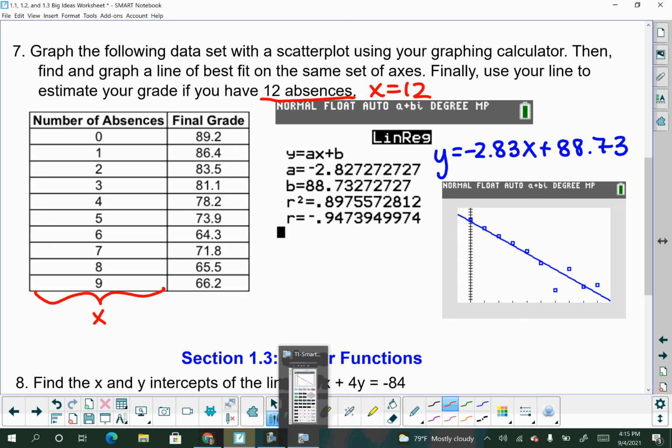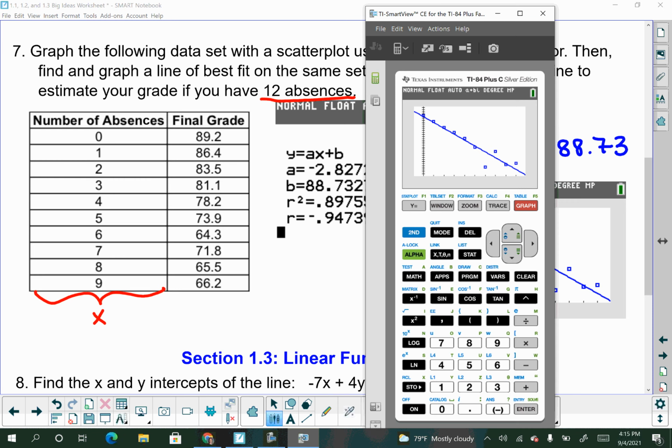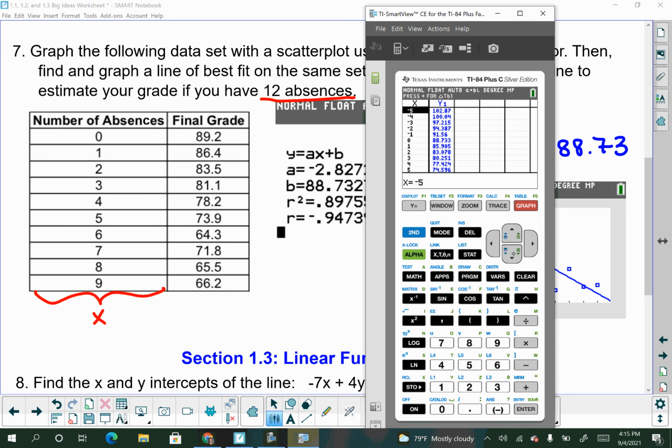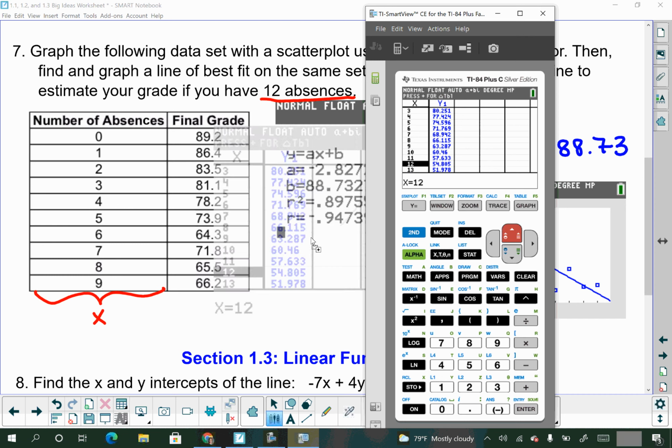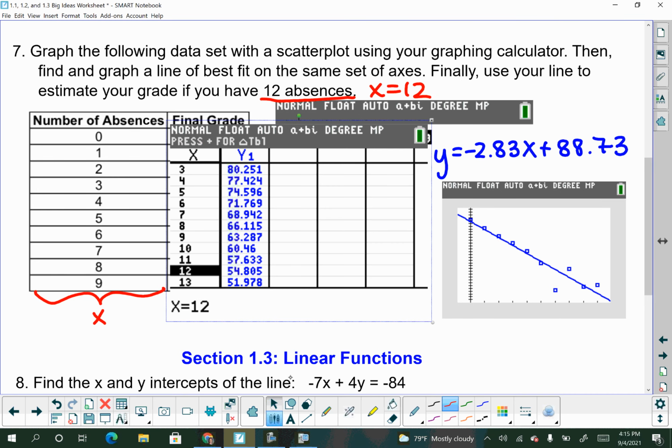You could also estimate it from the table. We did that before. Hit second table and find 12. Or you could just plug 12 into your equation for x, whatever works for you. I'm going to use the table because it automatically calculates it for me. When x is 12, y is 54.8.